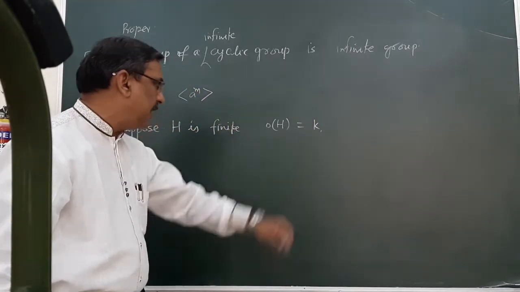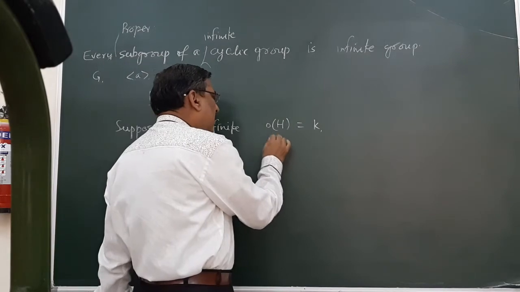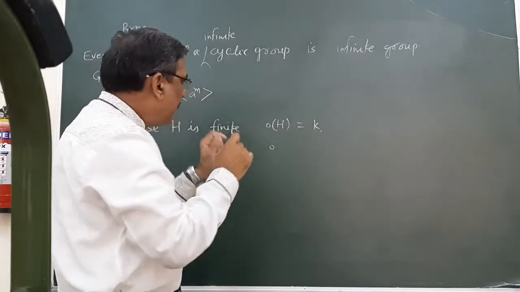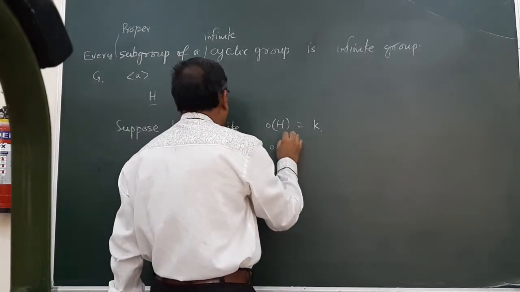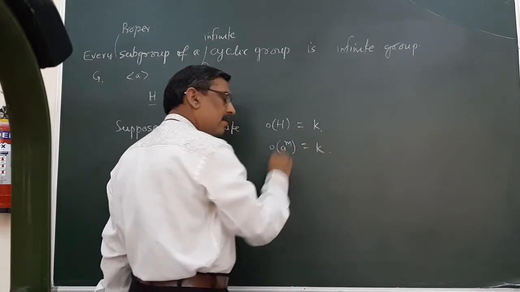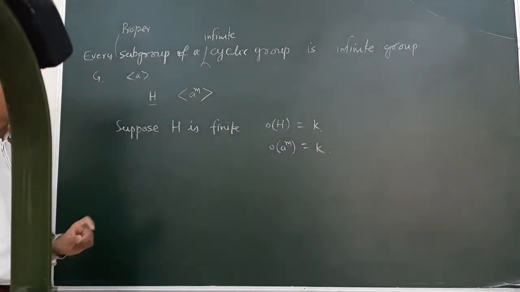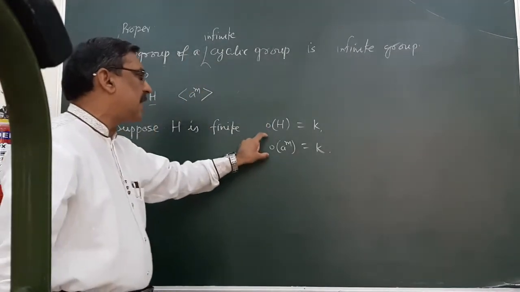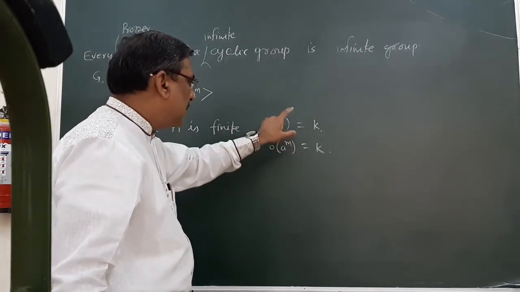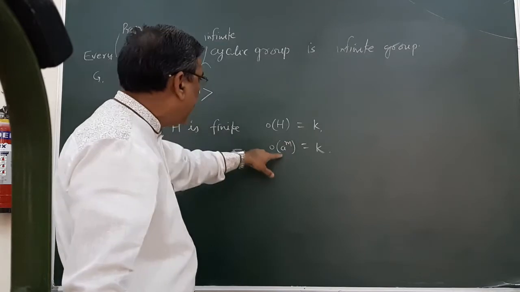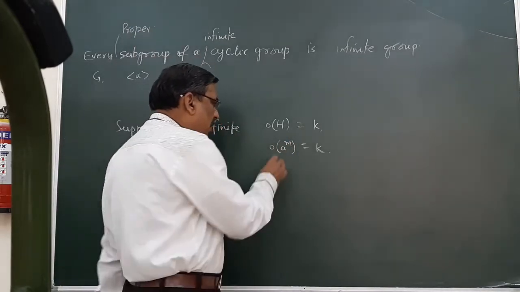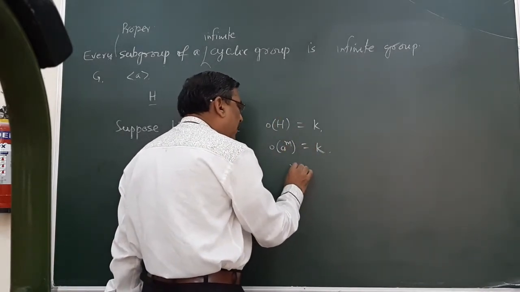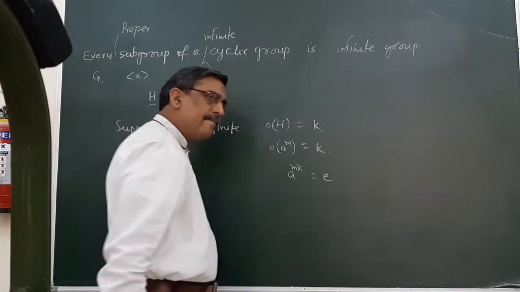Order of H is k, then naturally the order of a group is equal to the order of its generating element, and that way the order of A^n is also k. A^n is an element of H, therefore the order of A^n is equal to k, and this I can write as A raised to the power nk is equal to identity.